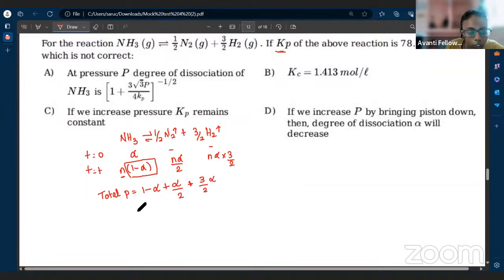So now what would be the total? Just evaluate this one. You'll be getting 1 minus 2 alpha plus alpha plus 3 alpha.